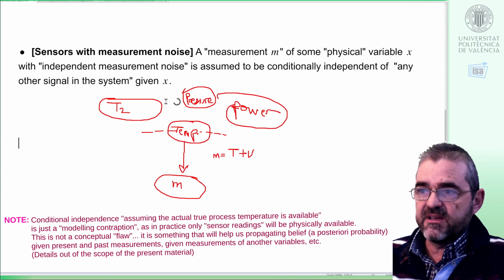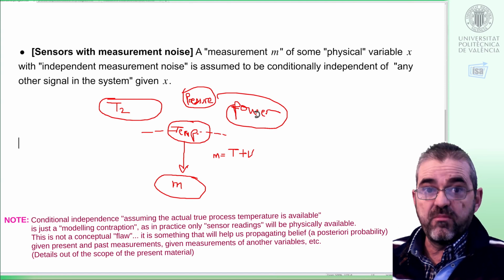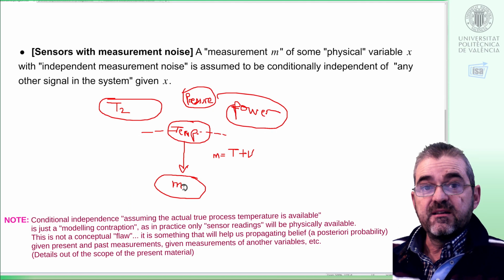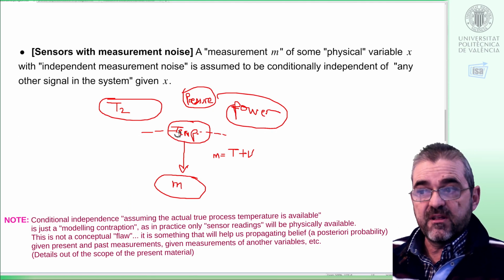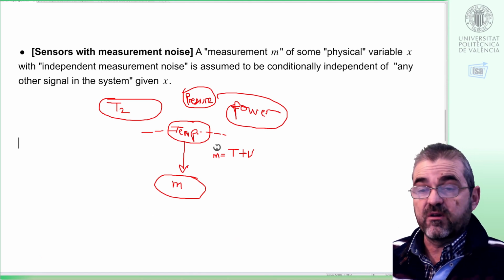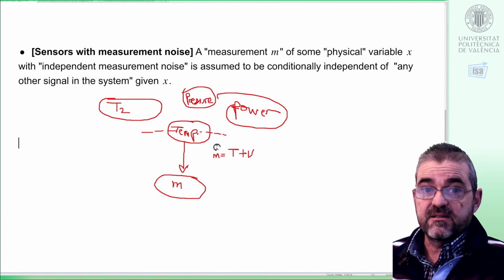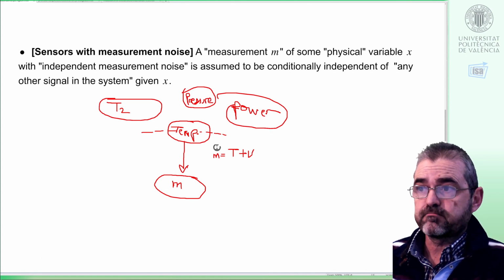So there may be a Bayesian network relating the other things. This will be the process model, but the measurement model is conditionally independent of everything given the temperature. Then the concept of measurement noise implies this conditional independence assumption.